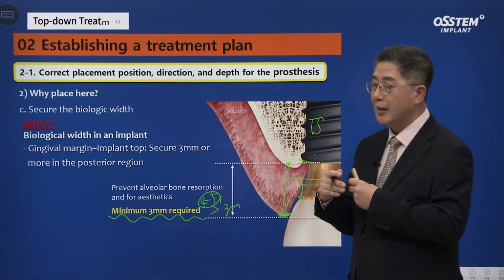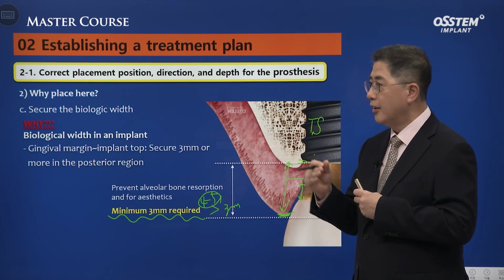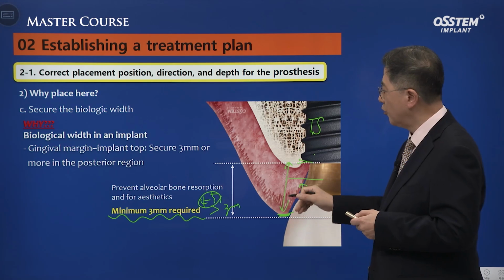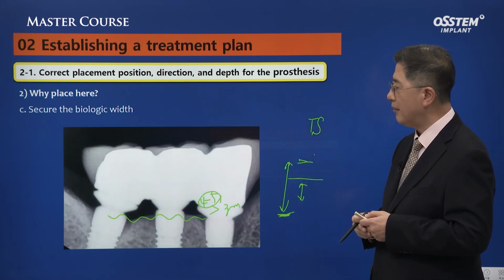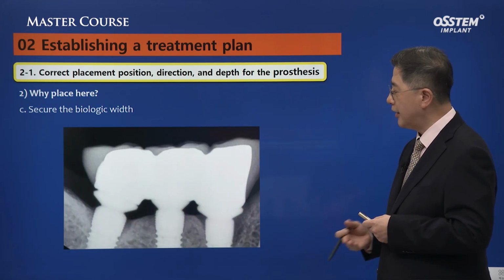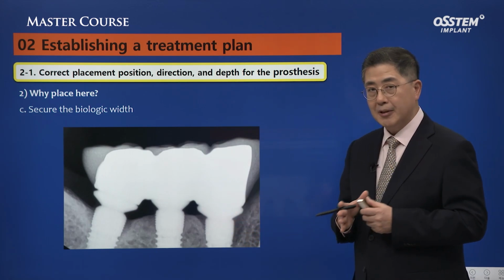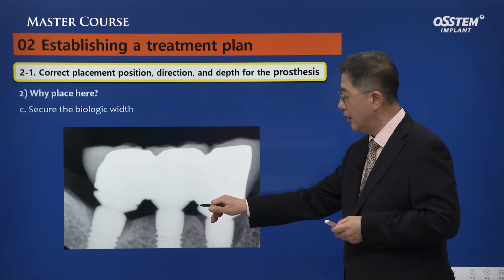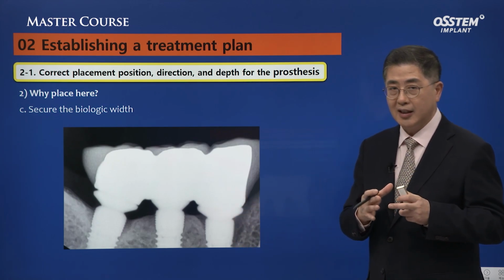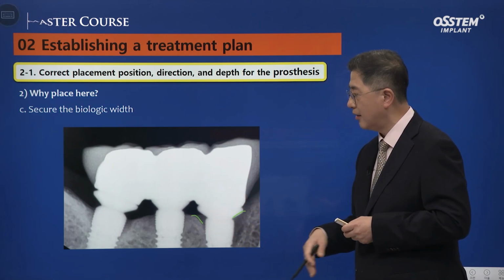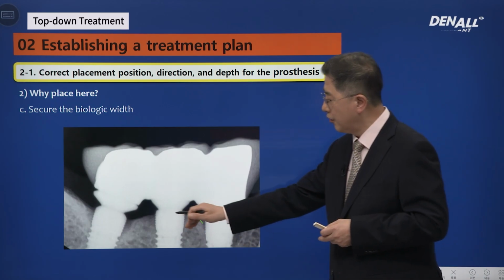Biologic width is a critical factor related to vertical depths. Even if it means reducing the length of the implant, securing this space is crucial. This is illustrated in a clinical case from my dental clinic involving peri-implantitis. Although not visible here, there was an inflammatory reaction and bone resorption occurred, which is essentially peri-implantitis.